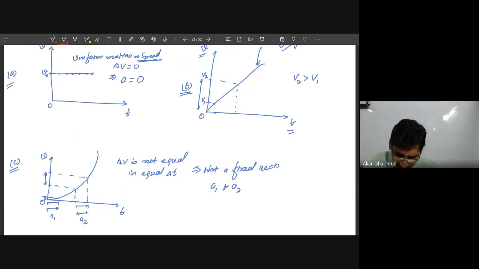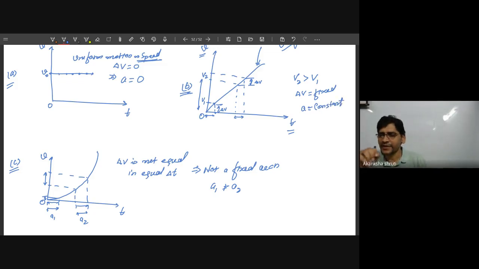But in case B, whatever we have taken, if we take a small time interval, and the same small time interval here, whatever increase in V is here, the same increase in V will also be here. The same amount of delta V is here. So therefore, in this case, delta V is fixed.